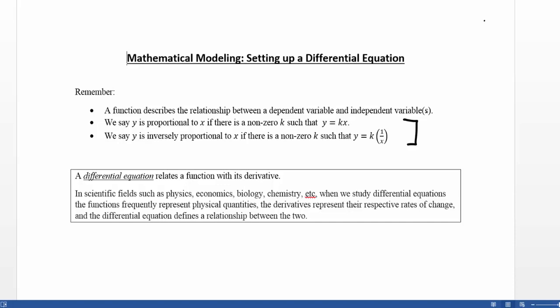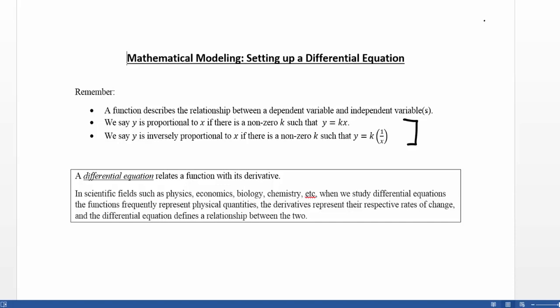So let's say you get paid $20 an hour. So if y is your total pay and k is $20, then x would represent the hours worked. Now as x increases, y increases because k is a positive constant in this scenario. And if x decreases, then y decreases. So they do the same thing.